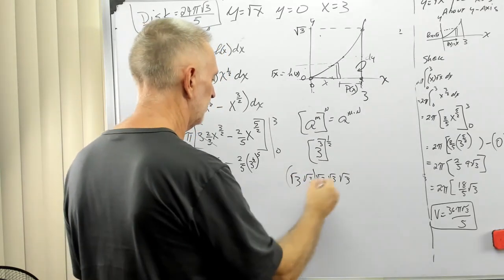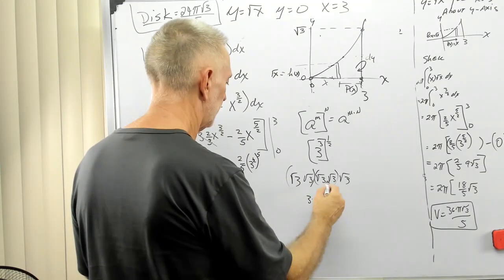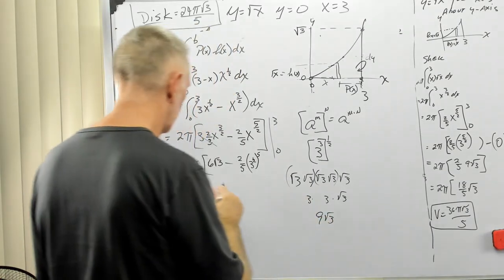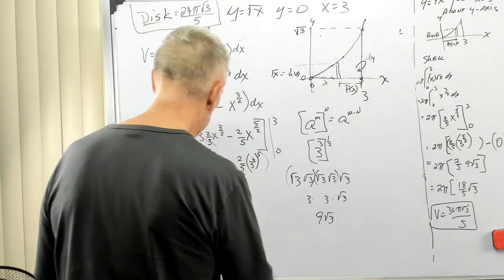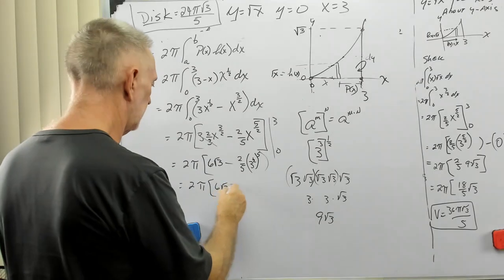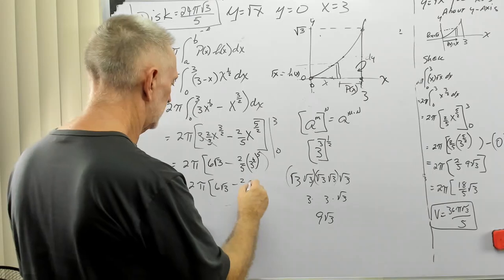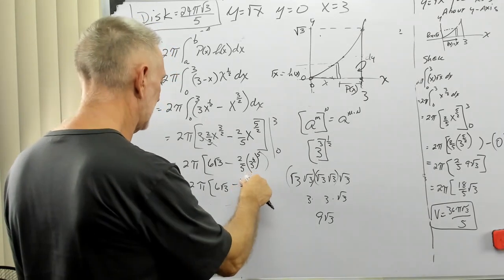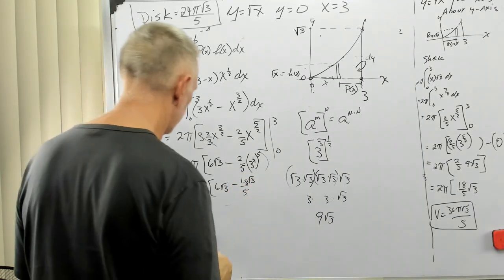I have 5 of them. So these multiplied together gives me 3 times square root 3, and that's 9 square root 3. All right, let's just keep that here. So 2 pi, 6 square root 3 minus 2/5 times 9 square root 3. So 9 times 2 is 18 square root 3 over 5.